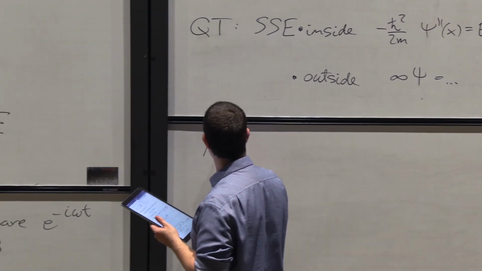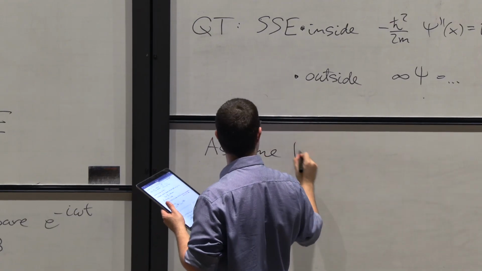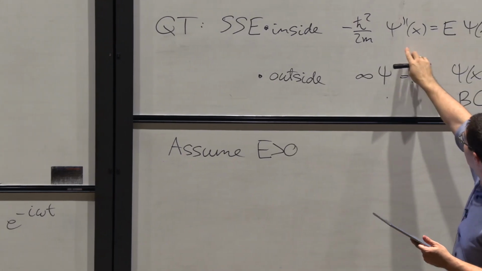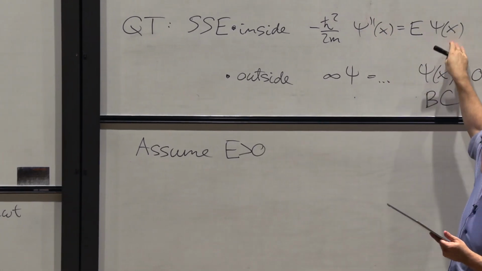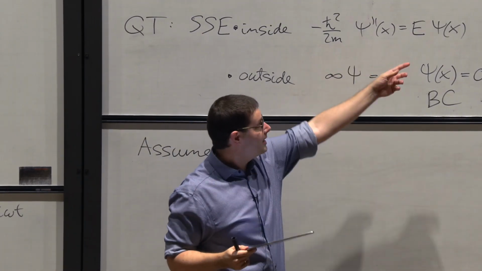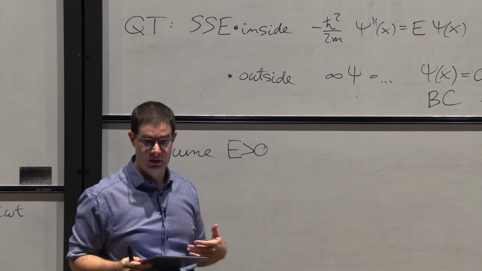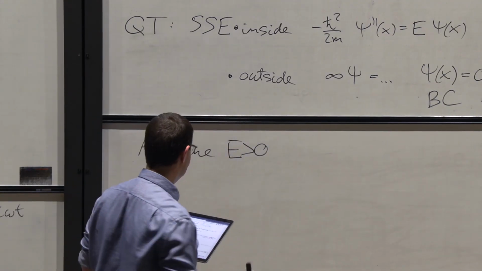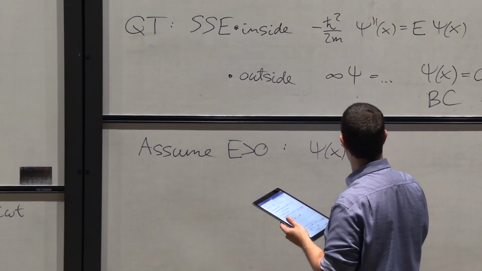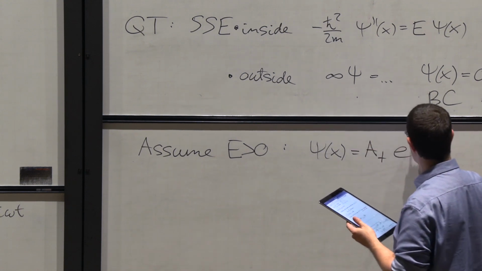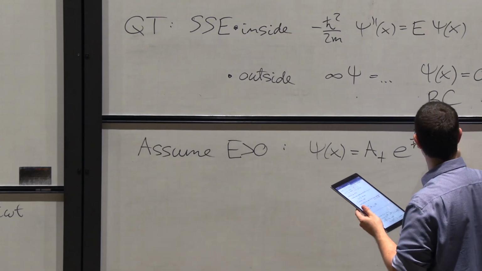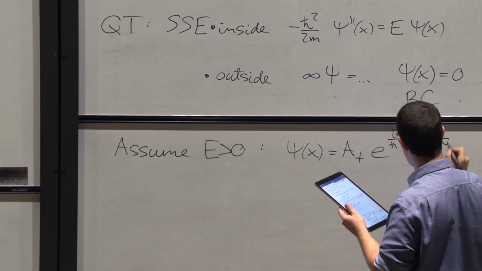So let's start with assuming that the energy is greater than 0. So we have the equation psi double prime is E times psi. We solve such linear ODEs with constant coefficients with exponential trial functions. And so it's easy to see that what we get is a plus, a constant, times e to the i over h bar square root of 2mE times x.